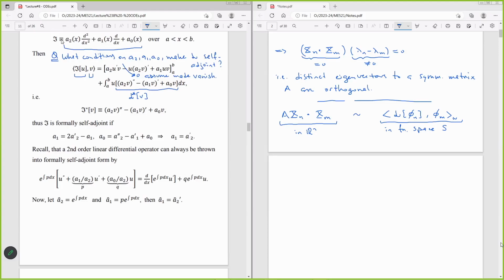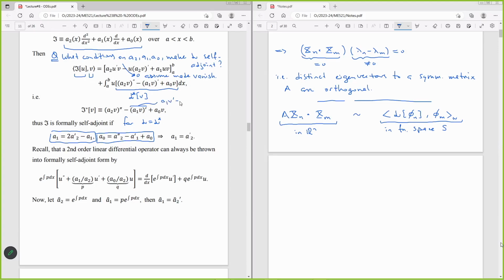Now, if you want L and L star to be the same, so you compare. For L to be the same as L star, you must satisfy these conditions. I just compare these two. I open this up. For example, what do you get?